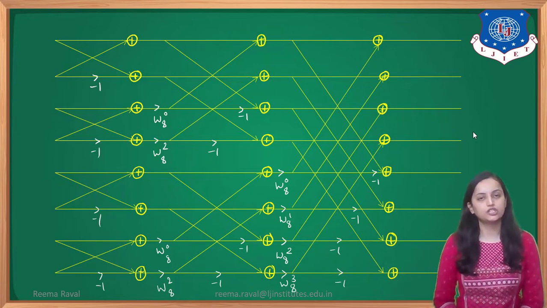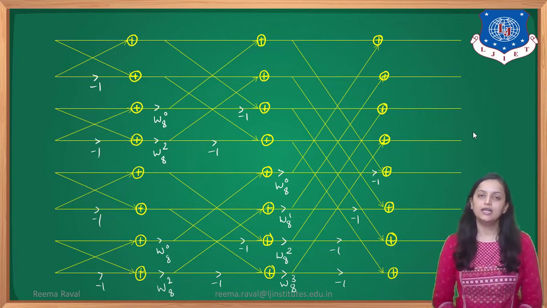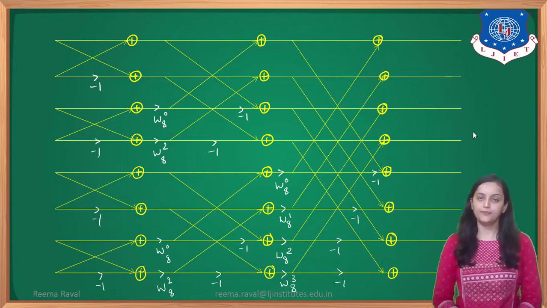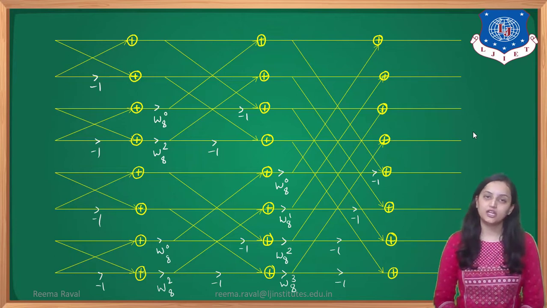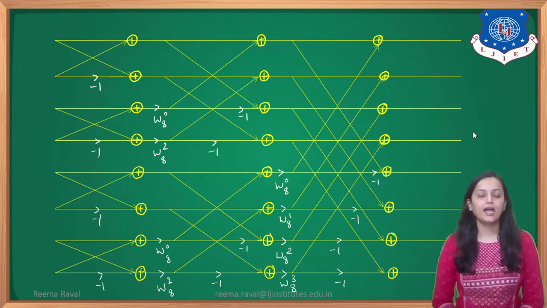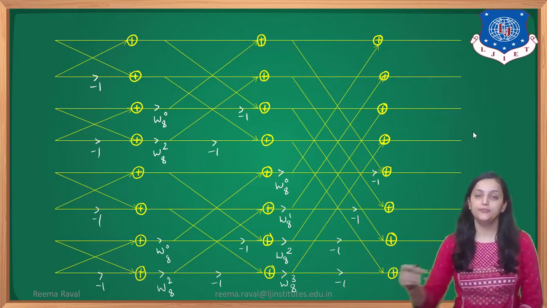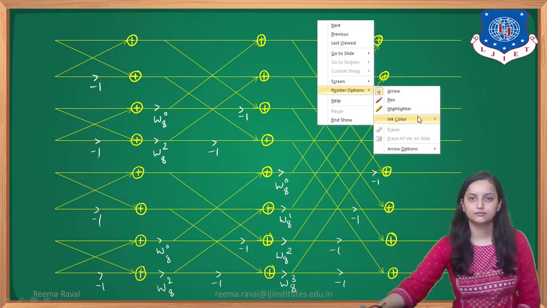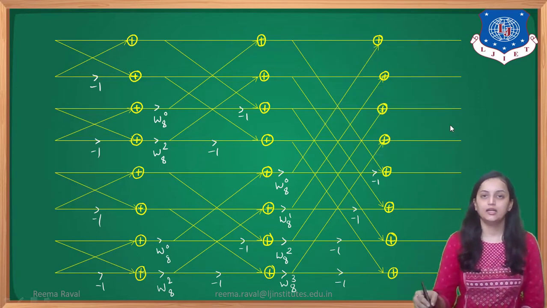So this is the structure of Radix2 DIT FFT algorithm. This structure is called the butterfly structure because it looks like a butterfly. This is referred to as the butterfly structure for FFT algorithm and for Radix2. Now, here as you can see, there are 8 points, 8 lines.